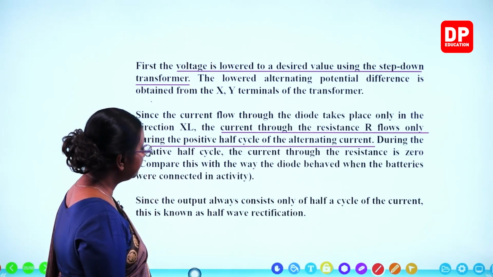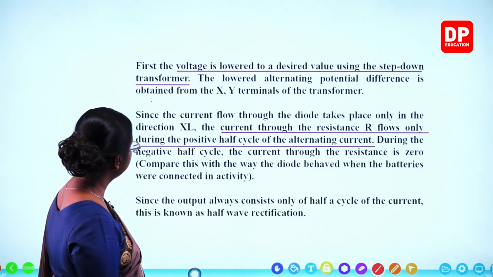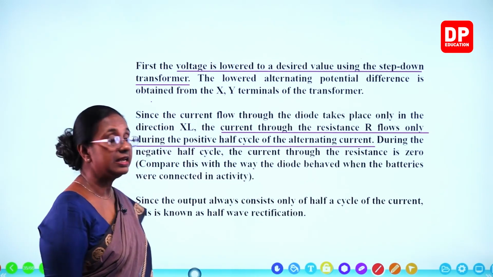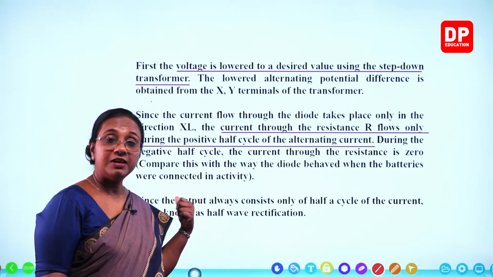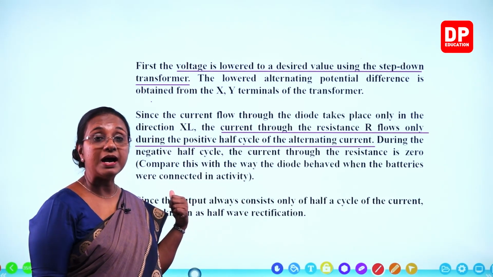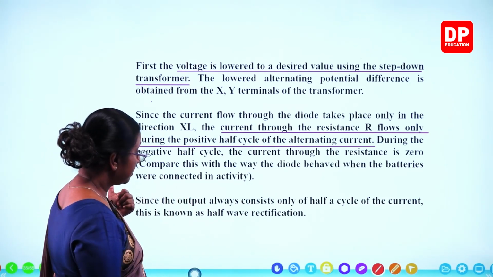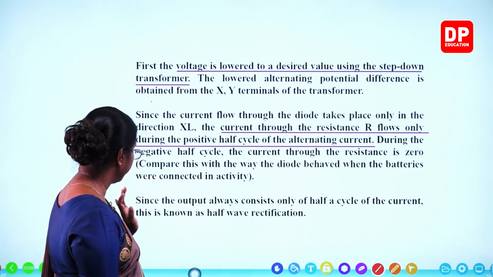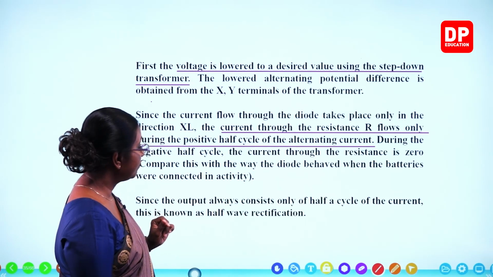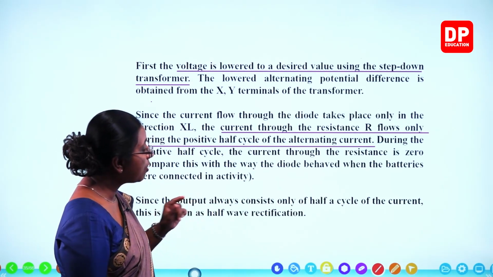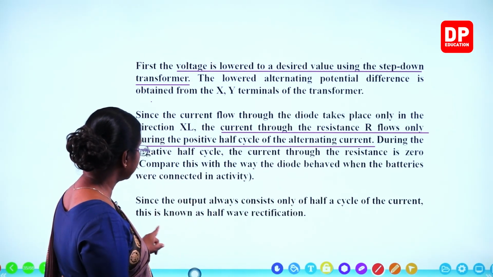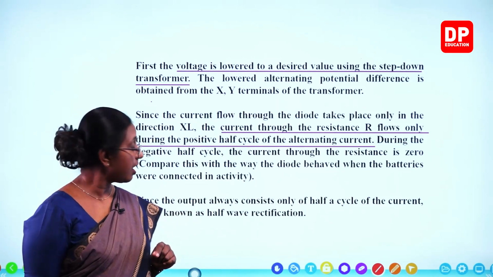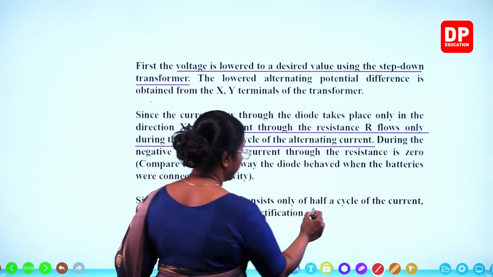Compare this with the way the diode behaved when the batteries were connected in the activity. Earlier when we tried to understand the biasing of the diode, that is the PN junction, this is how it behaved. Since the output always consists only of half a cycle of the current, this is known as half wave rectification.